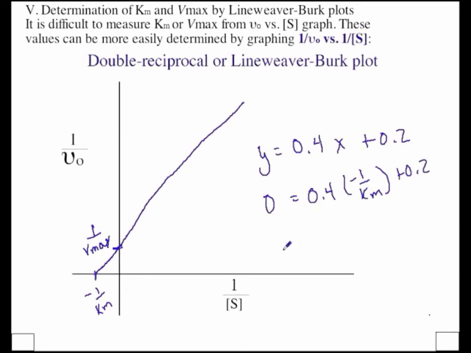So subtracting then, we'd have negative 0.2 divided by 0.4 equals negative 1 over Km. Okay, excellent. So basically this is negative 1/2 is equal to negative 1 over Km, or Km is equal to 2.